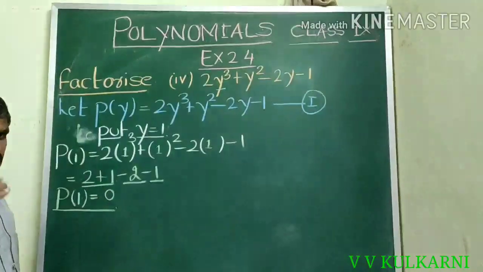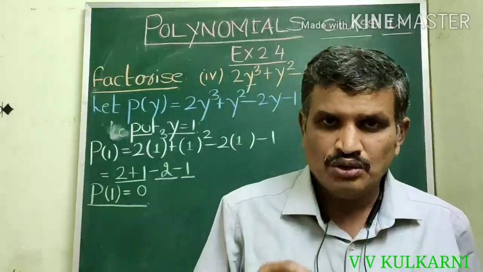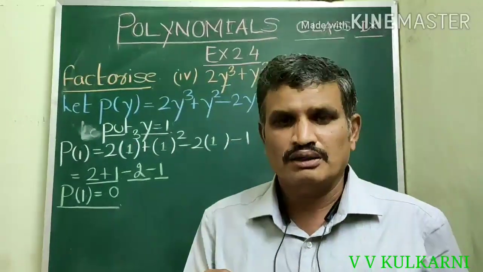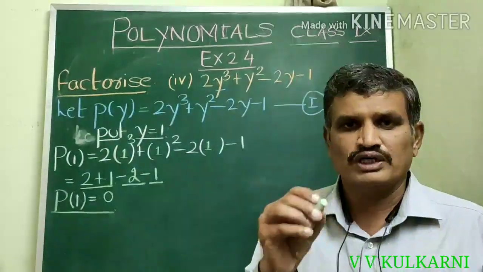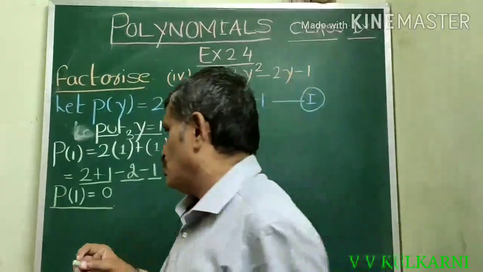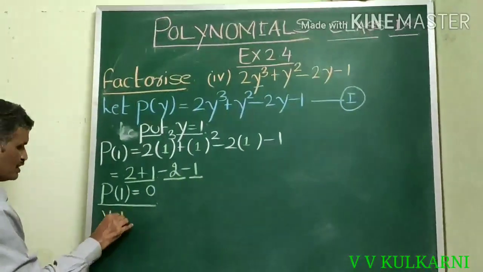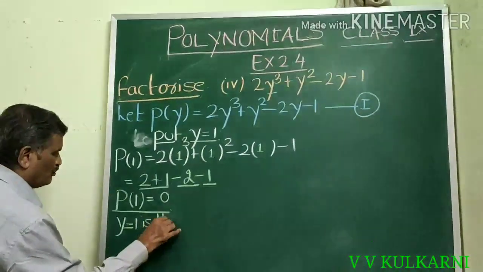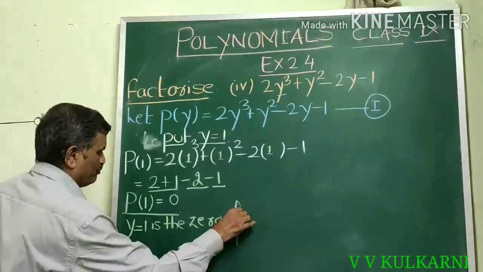So try to understand the meaning of what is given here. It means that when I put the value of y as 1, at that time the polynomial becomes equal to 0. That means y equal to 1 is the 0 of the polynomial. So what I will write here is y equal to 1 is the 0 of p at y.